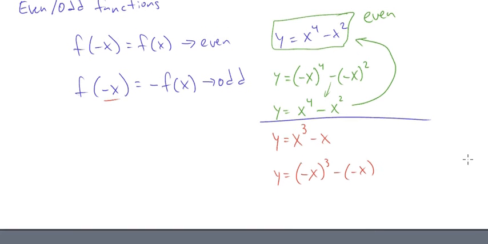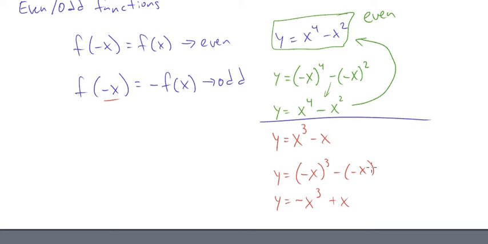which will, get a little short on room, give us y equals negative x times negative x times negative x is negative x cubed, and then minus negative x is plus x.